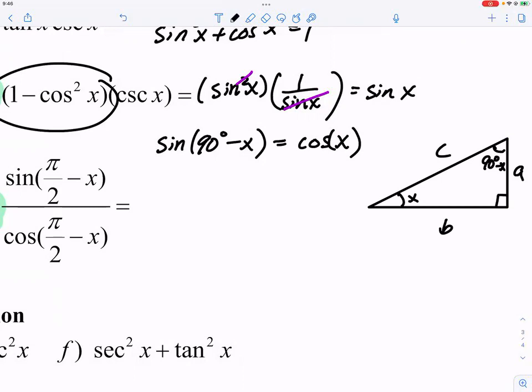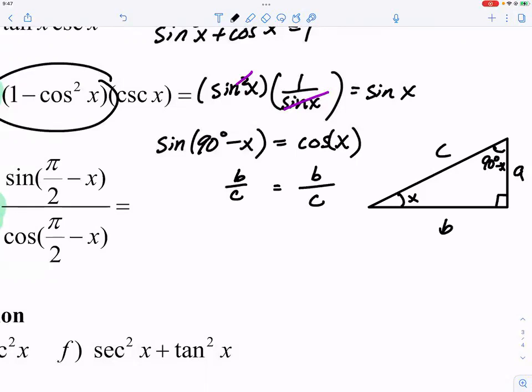So let's think about this. Sine of that top angle, 90 degrees minus x, what is that? Well, opposite over hypotenuse, right? Sine of this angle at the top, well, opposite over hypotenuse. What about cosine of x? Adjacent over hypotenuse.